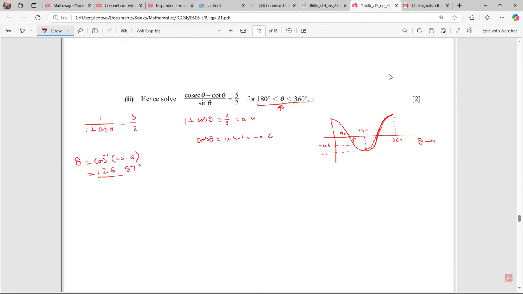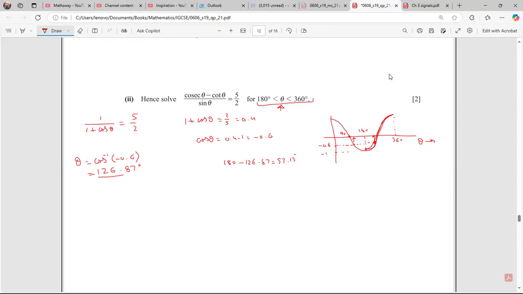Okay, but you can see that there is another angle right over here, right? So this is the corresponding angle I'm looking for, and this lies between 180 and 360. Okay, how can I find this angle? You see, this is the same measure ahead of 180 as this is before 180. Okay, so what's the difference between 180 and 126.87? Let me calculate, 180 minus 126.87, so it comes out to be 53.13 degrees.